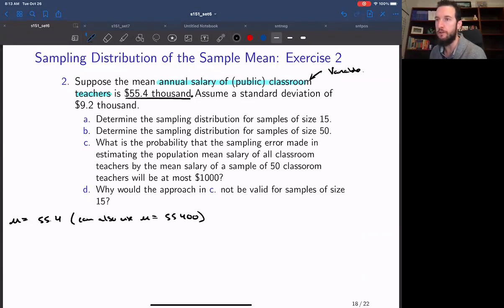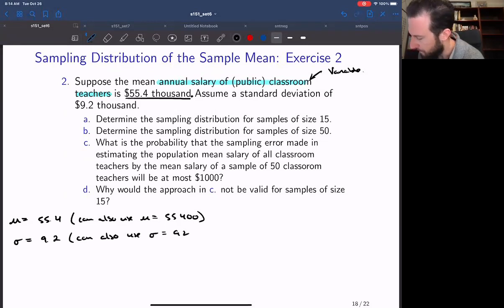So we can keep it as 55.4, or we can write it directly as 55,400. It doesn't matter, as long as everything is on the same scale. Okay, and then we're told assume a standard deviation of 9.2 thousand. So that means that sigma is equal to 9.2. Okay, so we can also use sigma as 9,200. We can use either representation of the value as long as they're on the same scale.